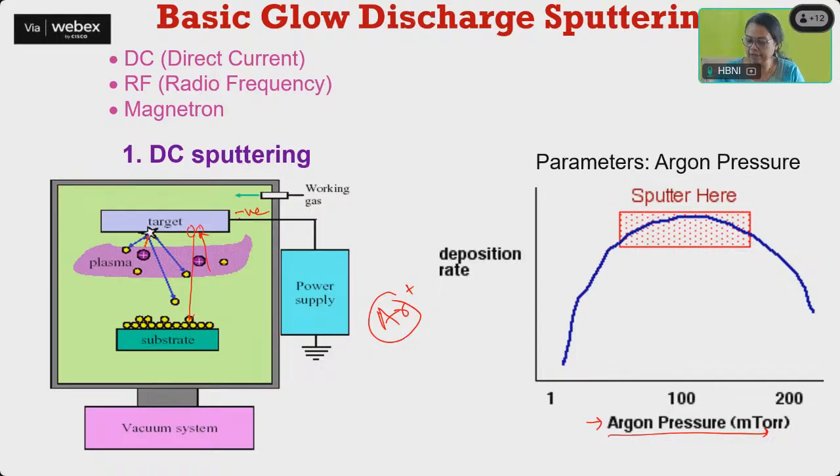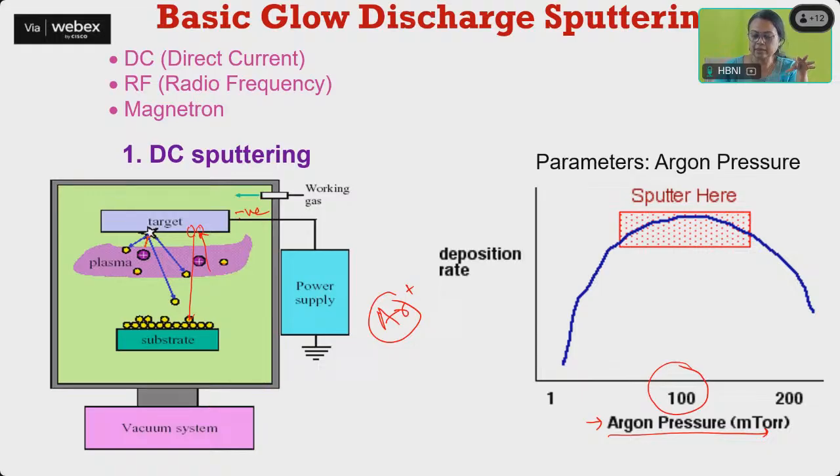Earlier we were saying that we should have a good vacuum, then only we get a good film. So there is competition. You want a plasma also and you want good vacuum also. Generally, around 100 millitorr of pressure is the best for striking the plasma and depositing the film.